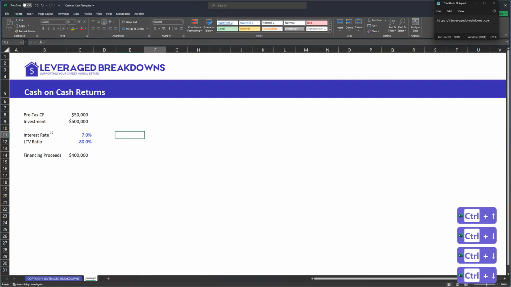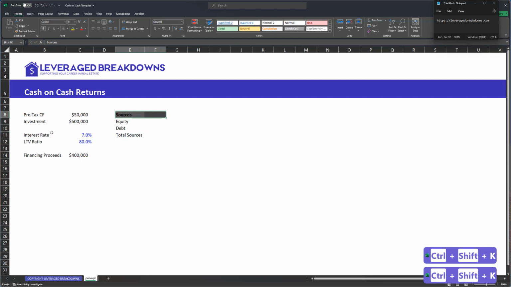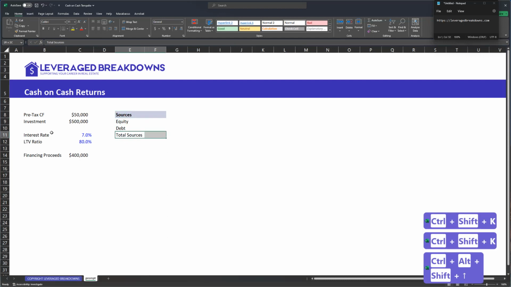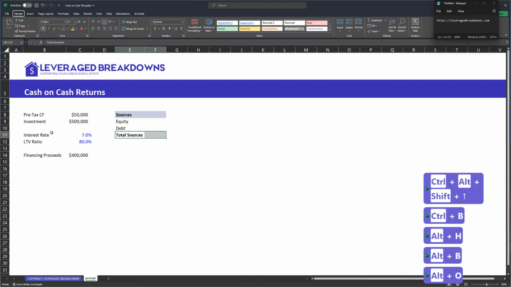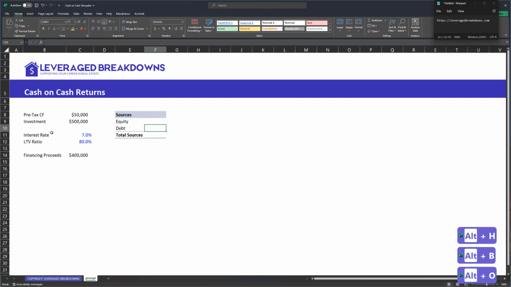So let's build a quick sources and uses: equity, debt, total sources. Your financing proceeds are going to go here.